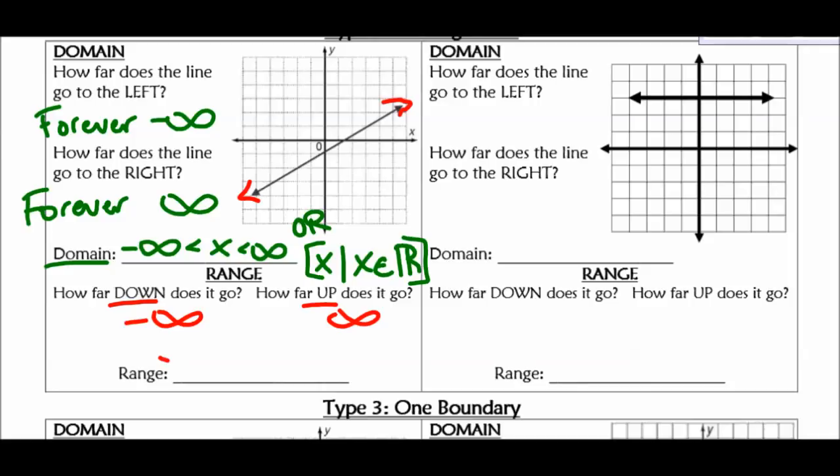So I'm going to write it as an inequality first. Negative infinity is less than y, and y is less than positive infinity. Or we could see this in set notation, y such that y exists as any real number. Y is an element of the real number system. It's any number that we can imagine.